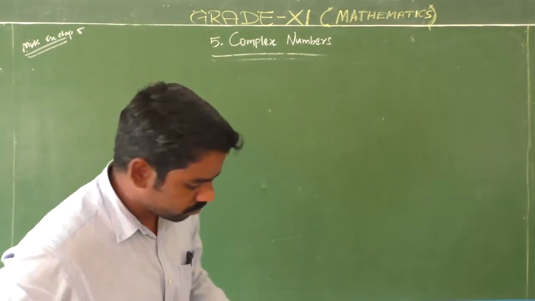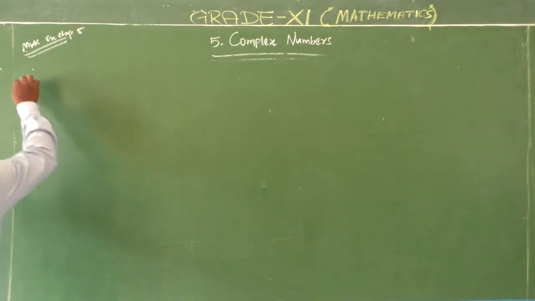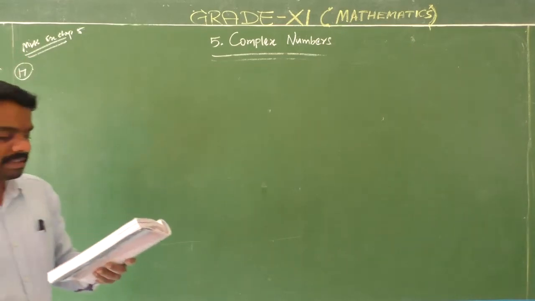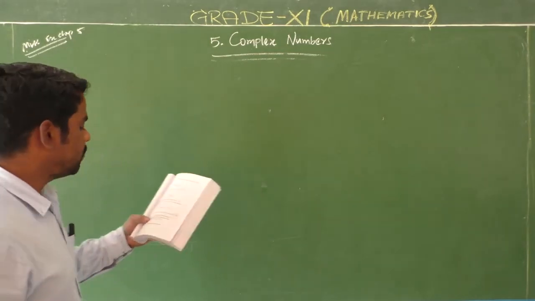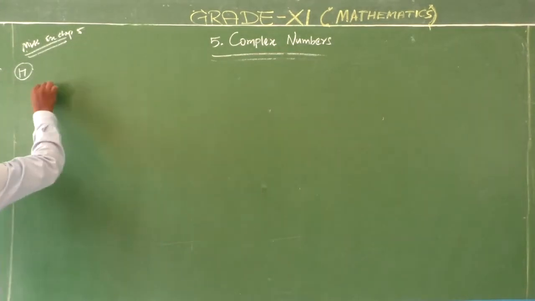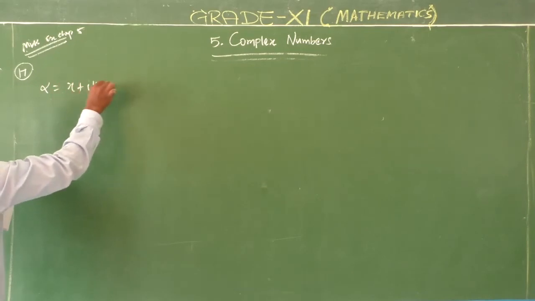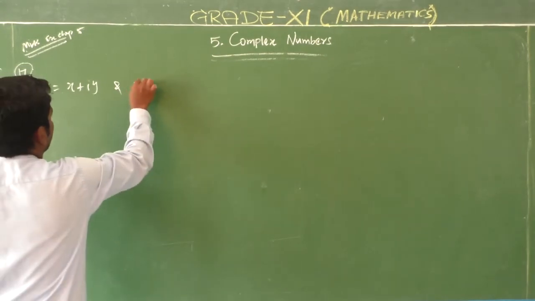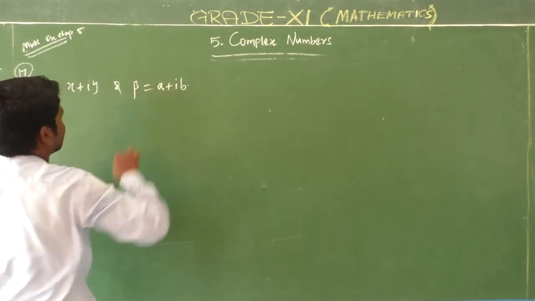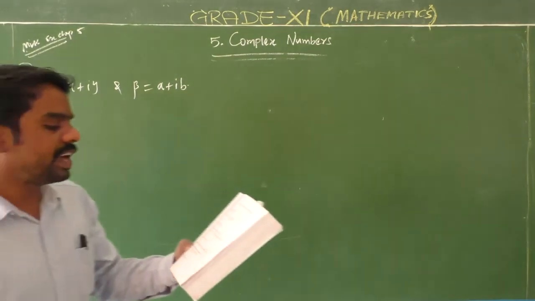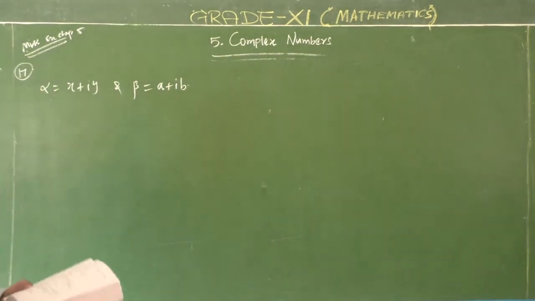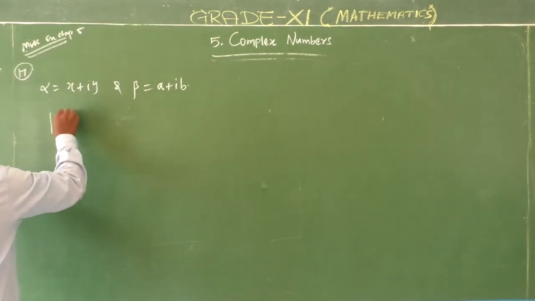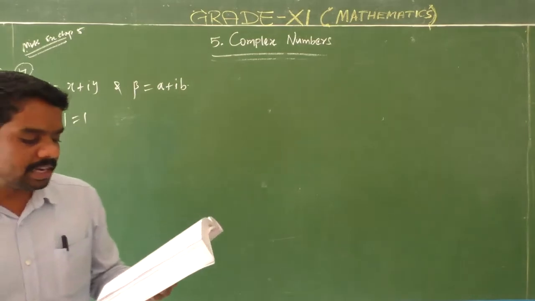Next question, question number 17. Alpha and beta are different complex numbers, with alpha equal to x plus iy and beta equal to a plus ib, with modulus beta equal to 1.